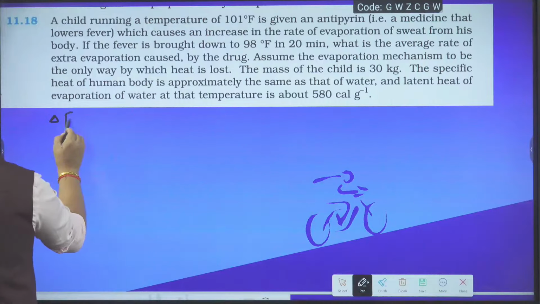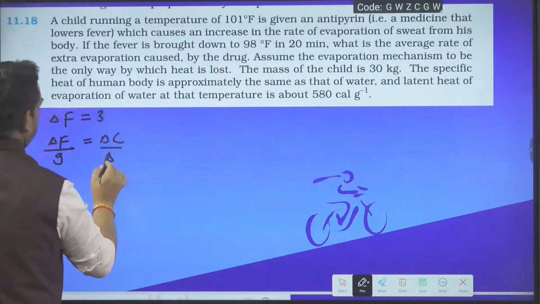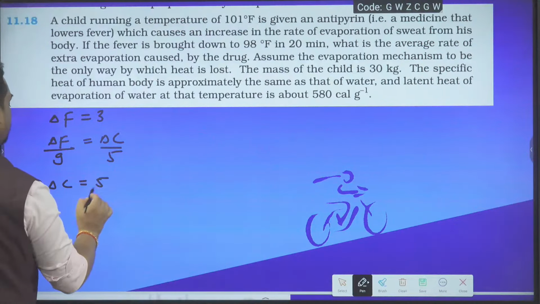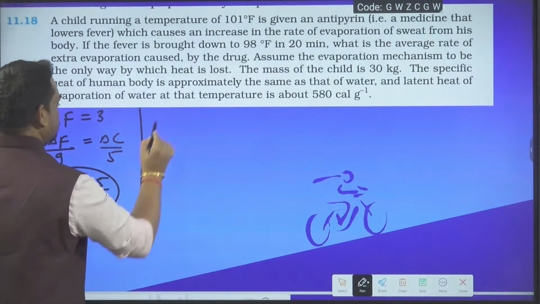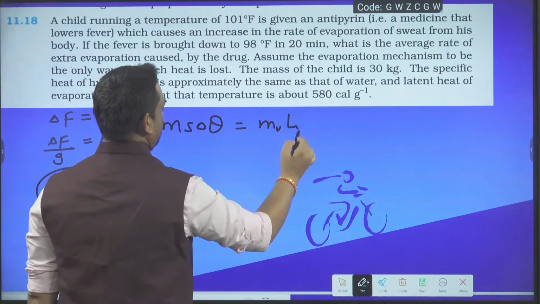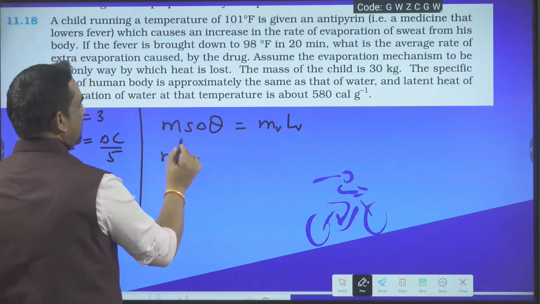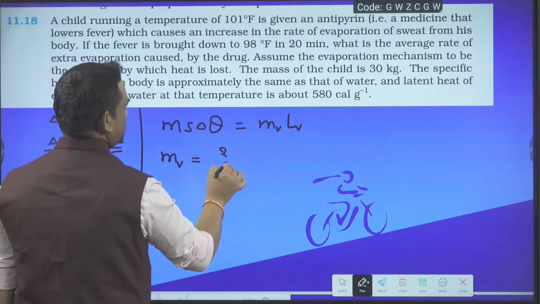So delta F was basically 3, so I can say delta C becomes here, this is the formula, delta F by 9 equal to delta C by 5, so we got delta C equal to 5 by 3. Then we can say ms delta theta is basically equal to mv into Lv. Mass of vapor formed we have to figure out. m, that is the child's mass, 30.